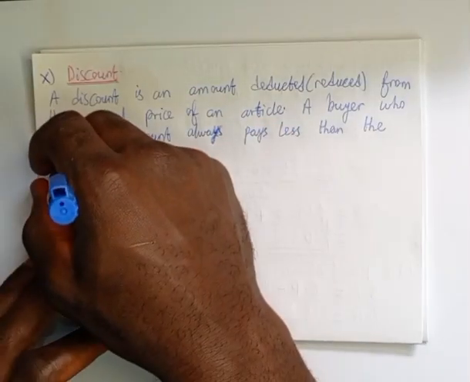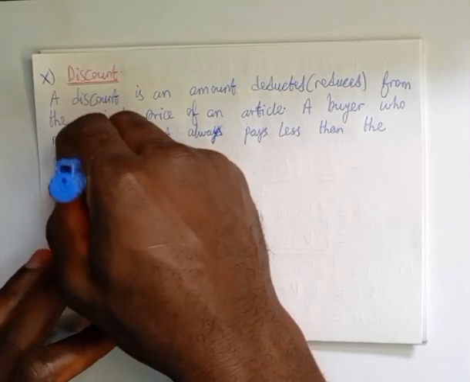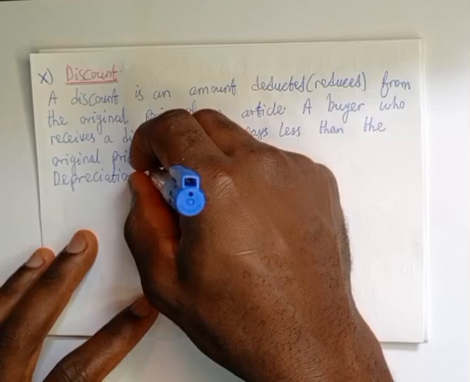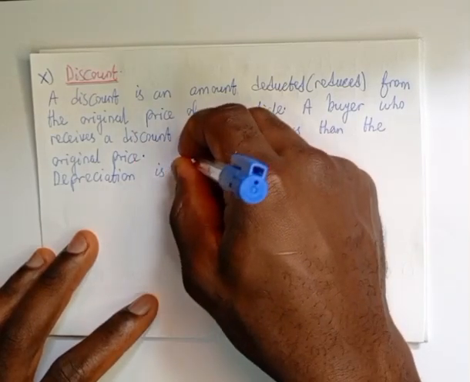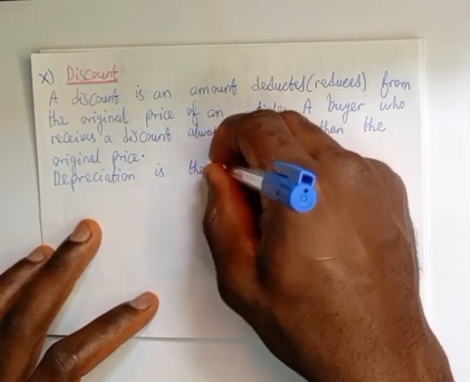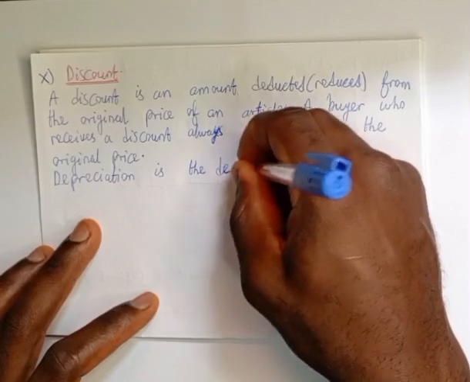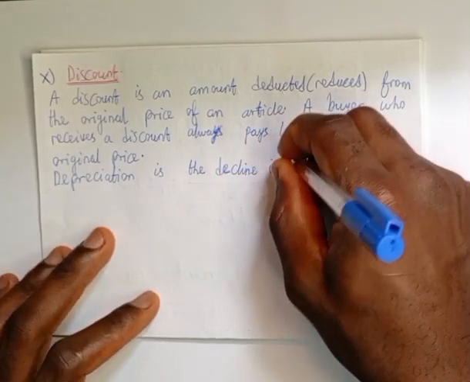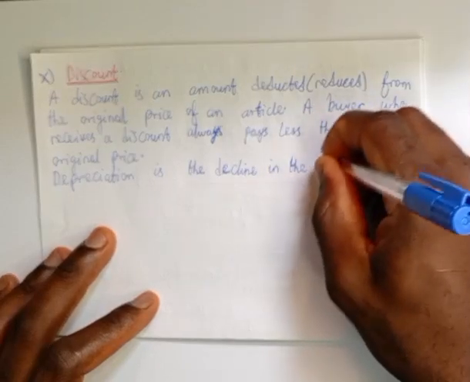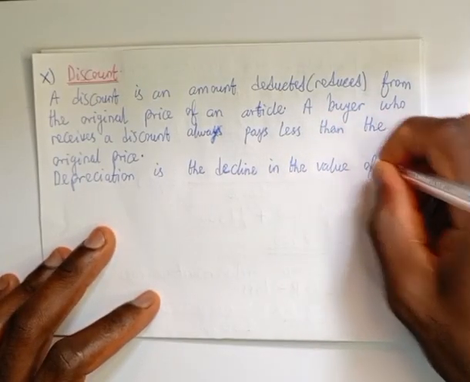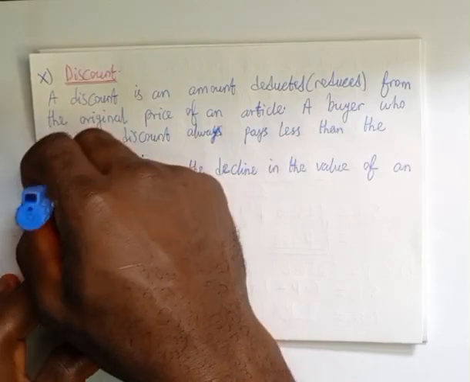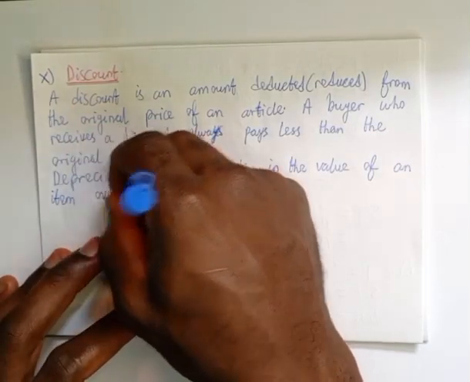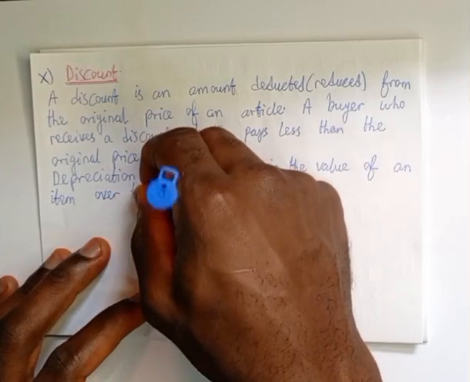When we take this down, depreciation is the decline in the value of an item over time.